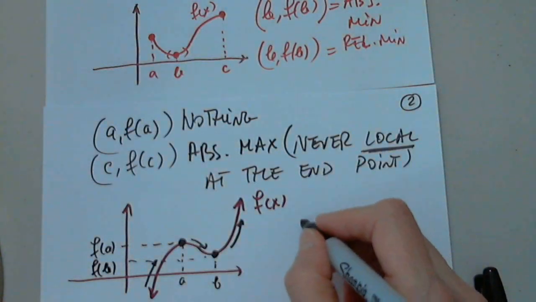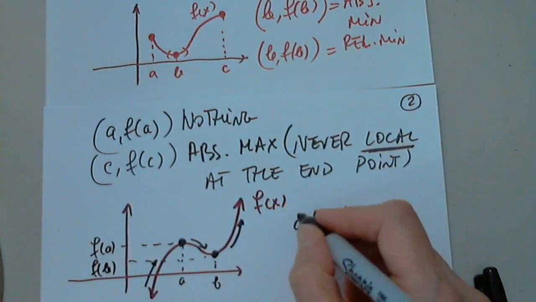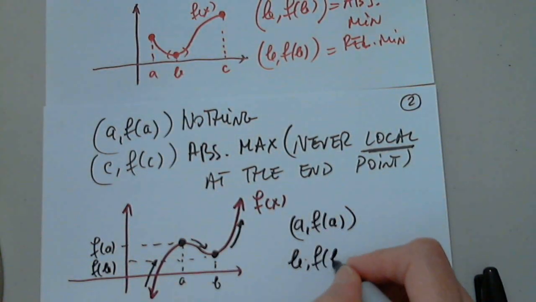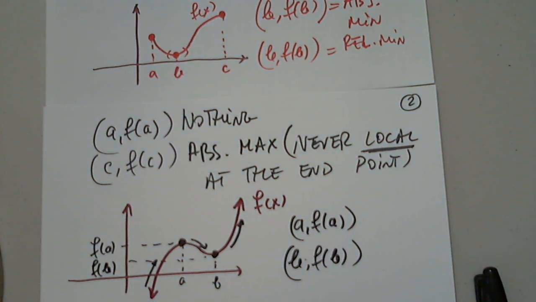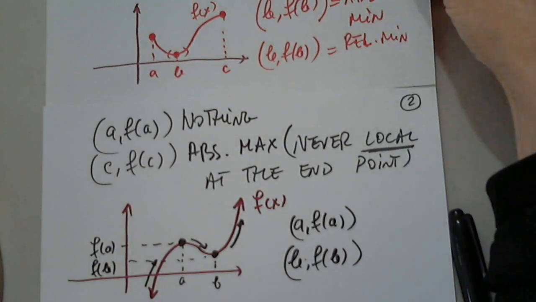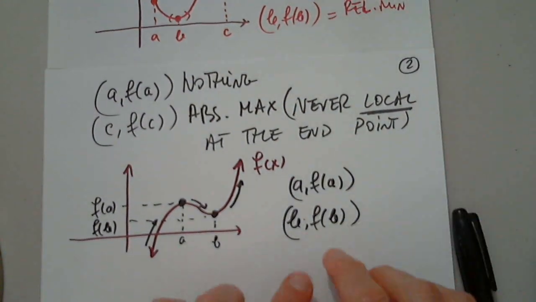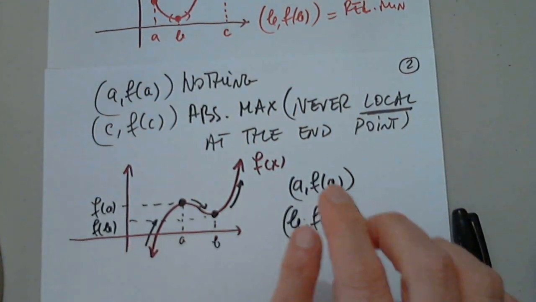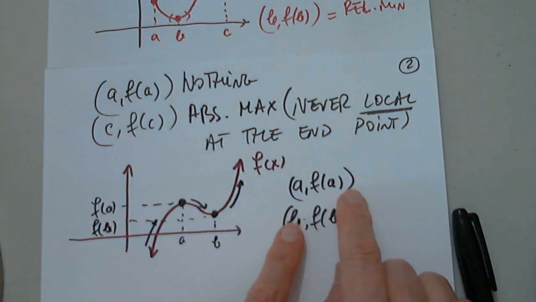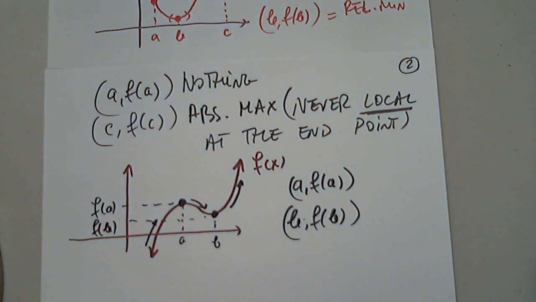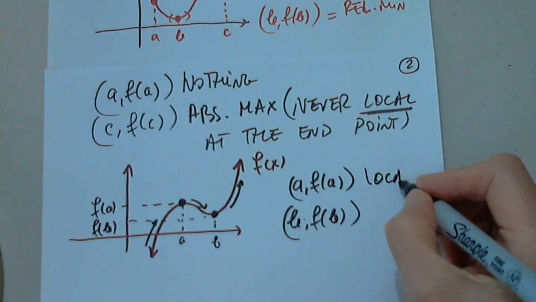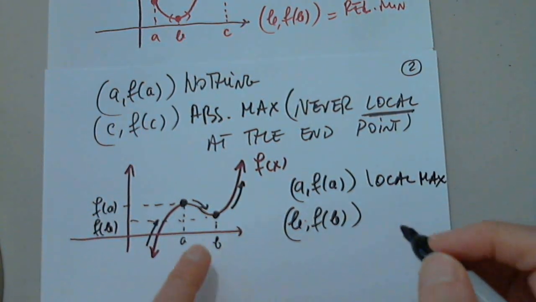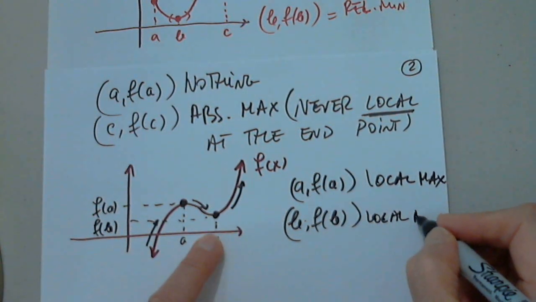Can anyone tell us what is a, f of a, and what is b, f of b? A is the local maximum and B is the relative minimum? Yes, the entire point. So a, f of a, is the local max, and this is the local min.